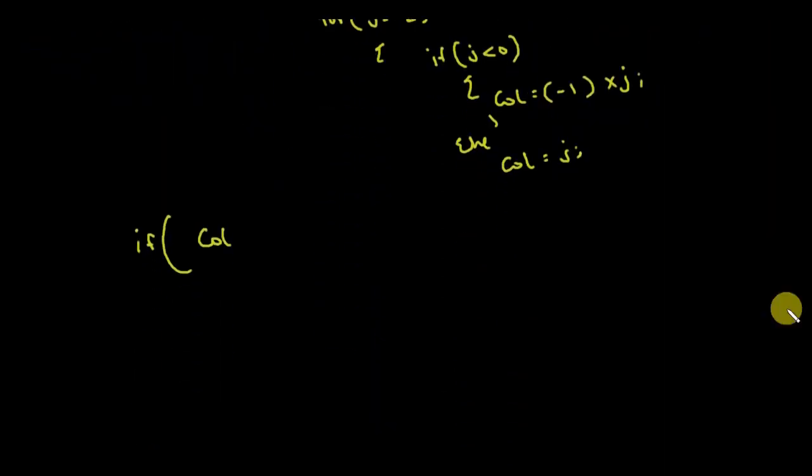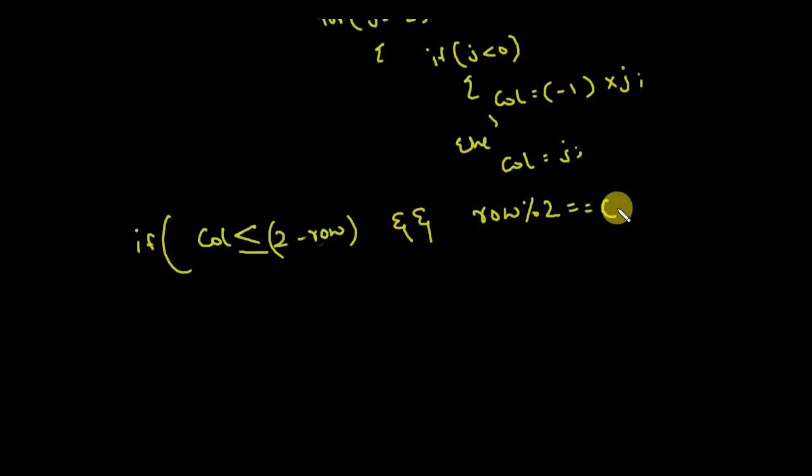If this condition is satisfied and the row value is even, and I check the column value also, the column value is also even, then I have to print the star.